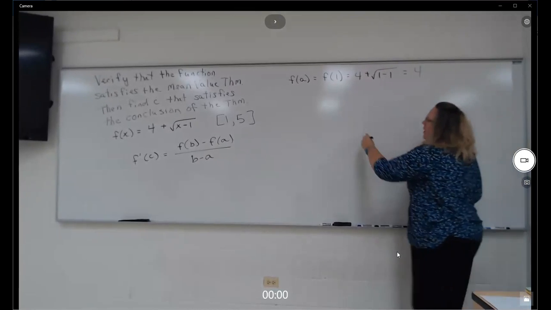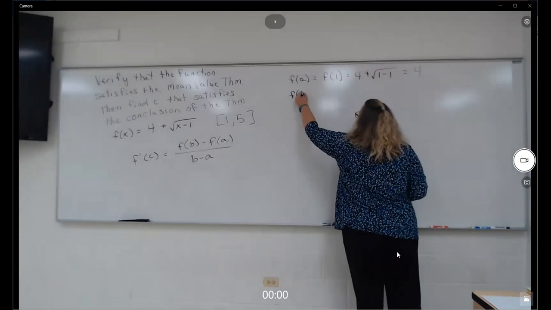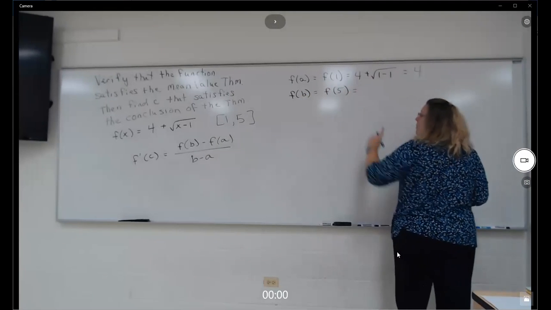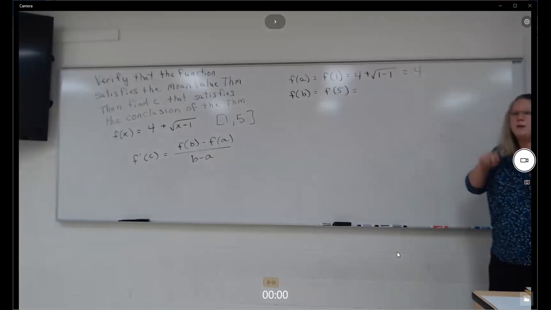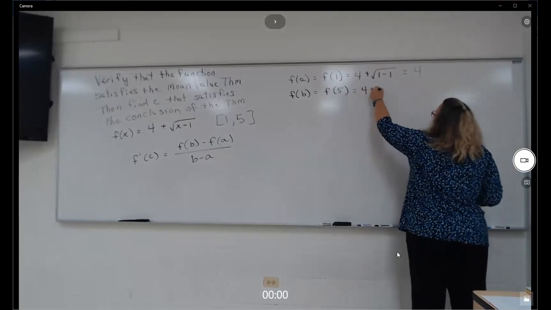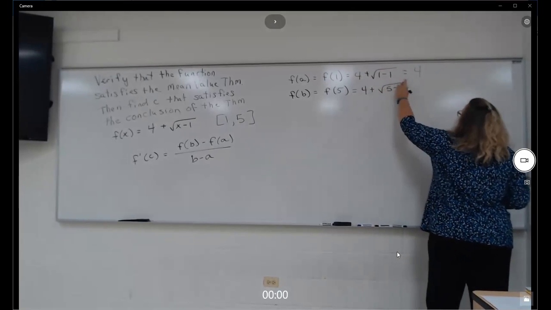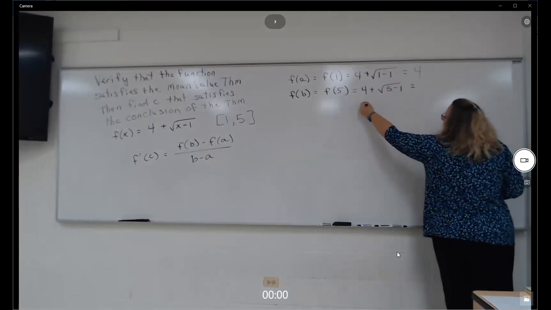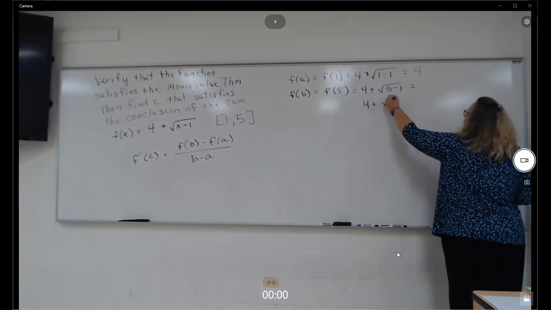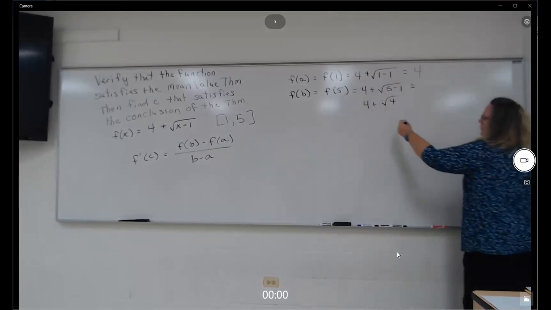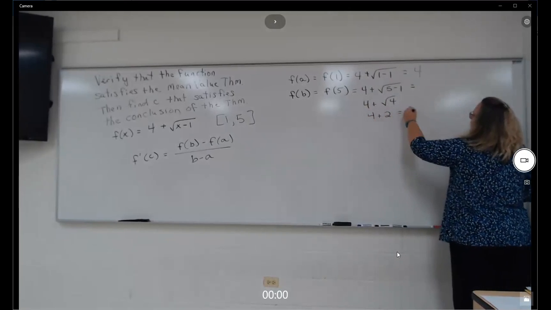Okay, let's go find f of b, which is f of 5. And remember, don't forget, you're going back to the original. We're talking about this original graph. 4 plus the square root of 5 minus 1. This is the square root of 4, and the square root of 4 is 2. So that's 6.